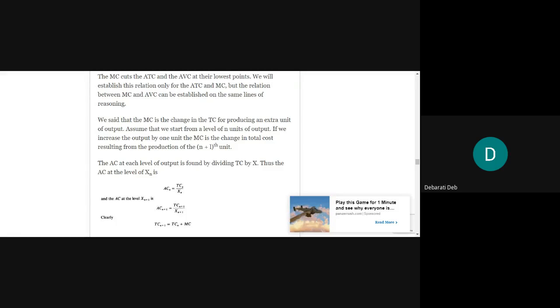So whatever change results in the total cost from the production of the n plus 1th unit, that is the meaning of marginal cost. The average cost at each level of output is found by dividing the total cost by X. Now we will have to deal with AC a little bit so that we can establish the relation.